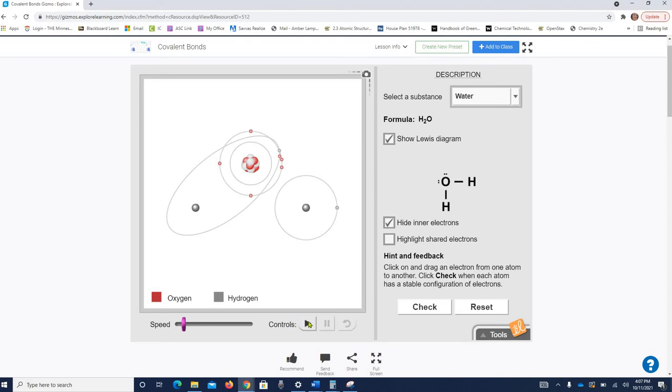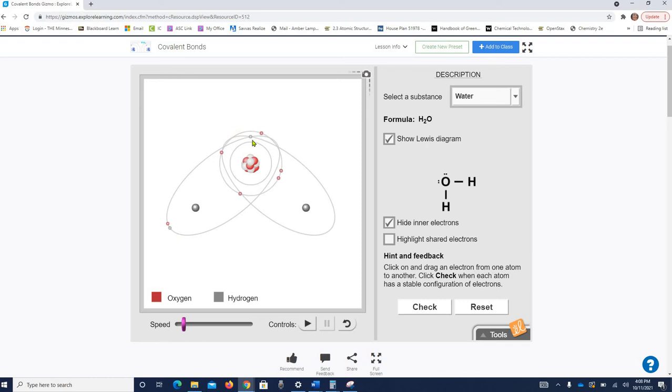Now, if I were to hit play, I could see this shared pair as it moves along this pathway. And then I can pause it, so it helps me know what's shared so far and what isn't. Now I have to make one more bond because oxygen has 2 bonds. You notice 2 lines. So I'll do the same thing here with this hydrogen. I have that 1 valence electron.